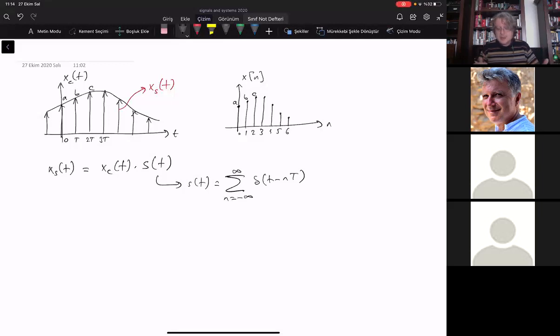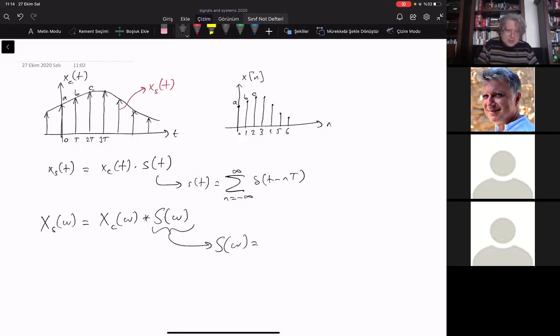What I'm saying is x sub s of omega will be equal to the convolution of x sub c of omega and S of omega. And for that, we need to determine what S of omega is. It's the Fourier transform of S of t, and there's a definition to that.